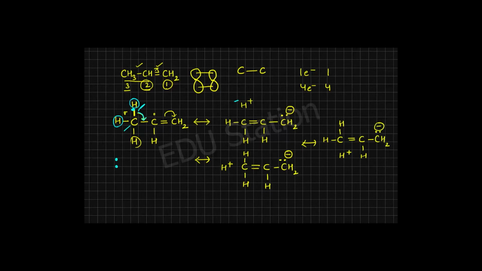Now, there are 4 structures which we can draw for propene. The actual molecule, we assume, is in between these structures, and if you look at structures 2, 3, 4, there is a double bond between these 2 carbons, and this is able to explain why this bond is shorter.